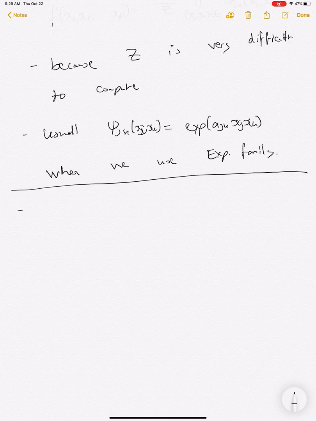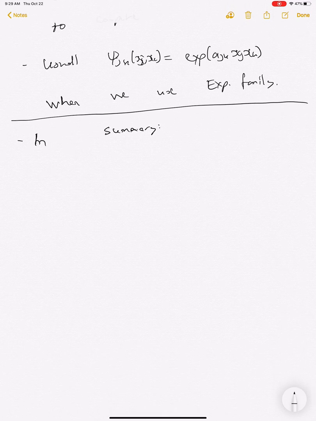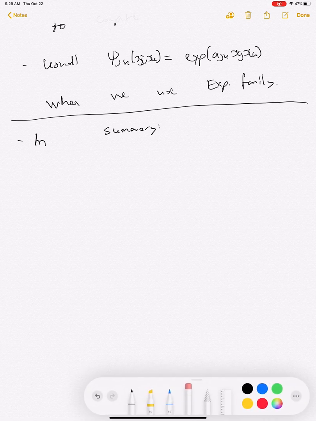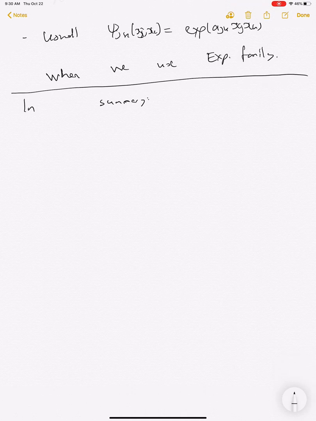So just in summary, we have two different graphical models that I wanted to compare and contrast.